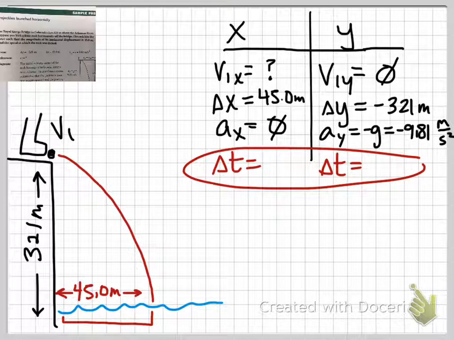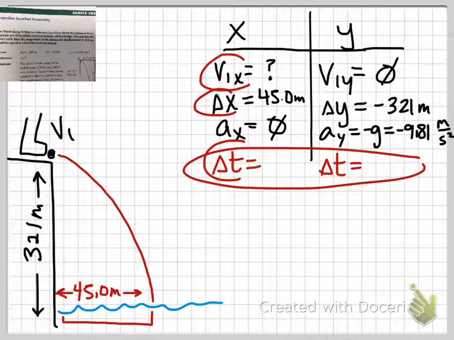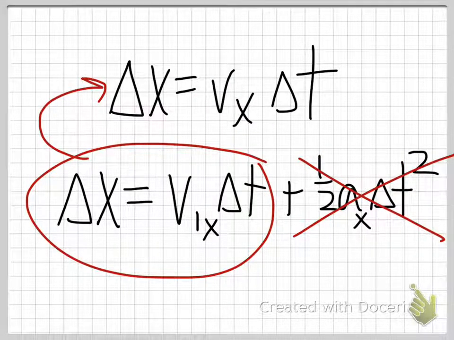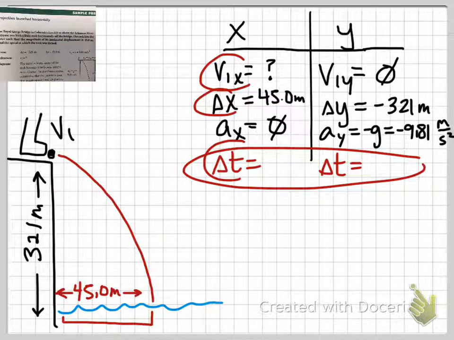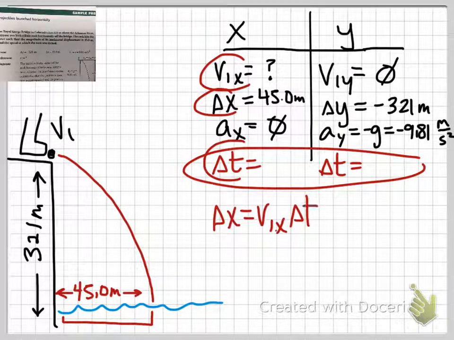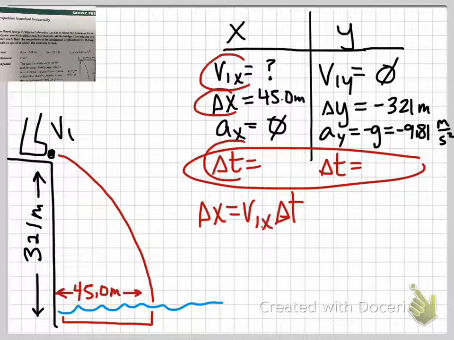So if we had to write an equation on the x-axis with the three variables that we've got, what would we use? Ooh, I know. Was that one that I showed you here? So I would go for delta x equals vix delta t. Well, what could I write on the y-axis with vi, delta y, a, and delta t?